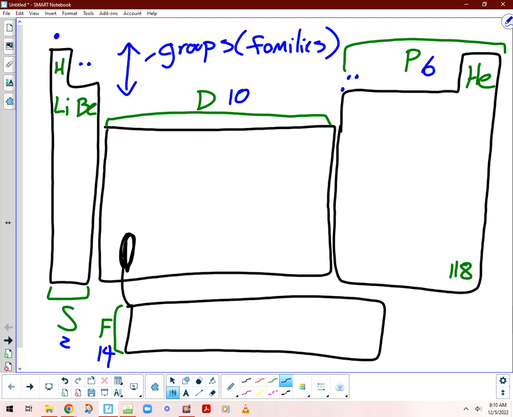Everybody in groups 1, 2, 3 through 12, which is this middle part, and 13, or in other words, all of this, they give away electrons when they form chemical bonds. If they are in chemical bonds with nonmetals, then the nonmetals, which are much stronger, much more electronegative, steal the electrons. If they're bonding with other metals, then they share their electrons.